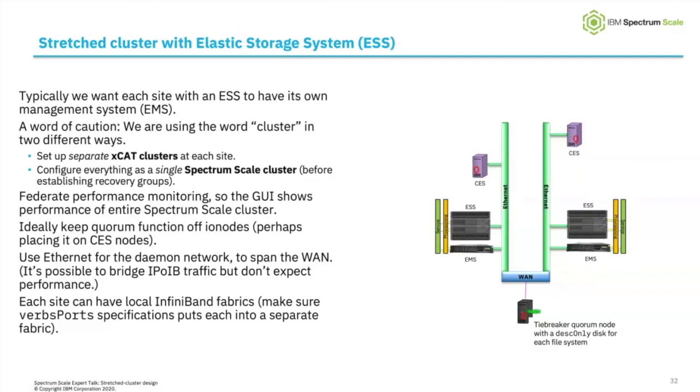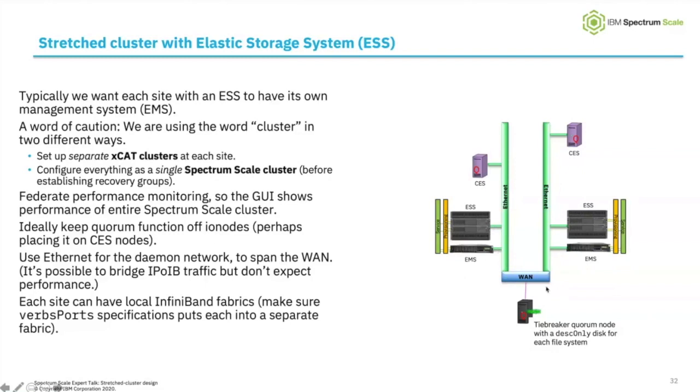Now I'm showing here Ethernet as the stretched cluster. You can use InfiniBand, but if you do that, you want to do it because you can efficiently use RDMA between the two sites. Over a long distance, while you can do long distance RDMA, it gets pretty costly.